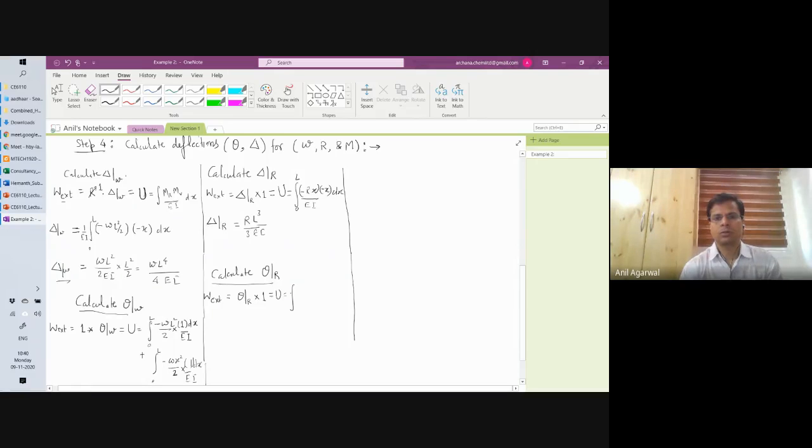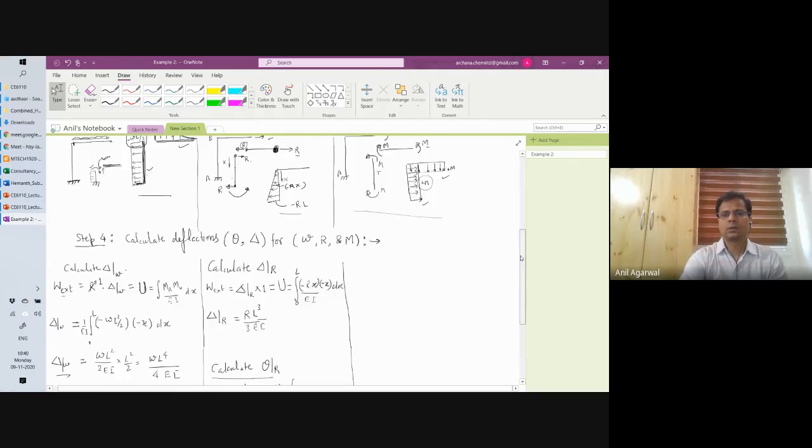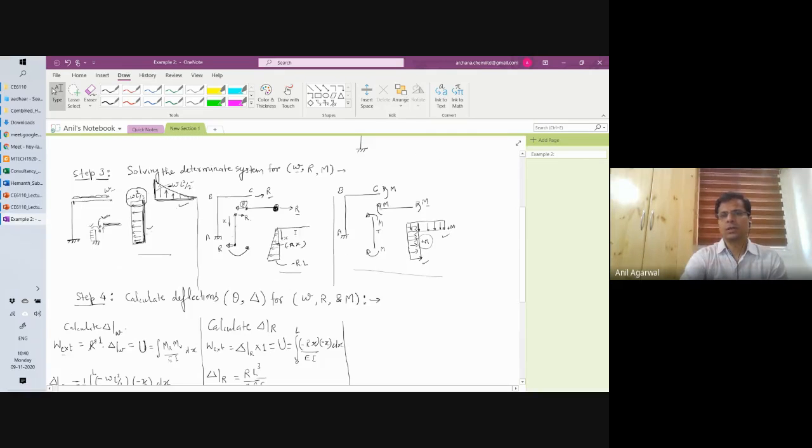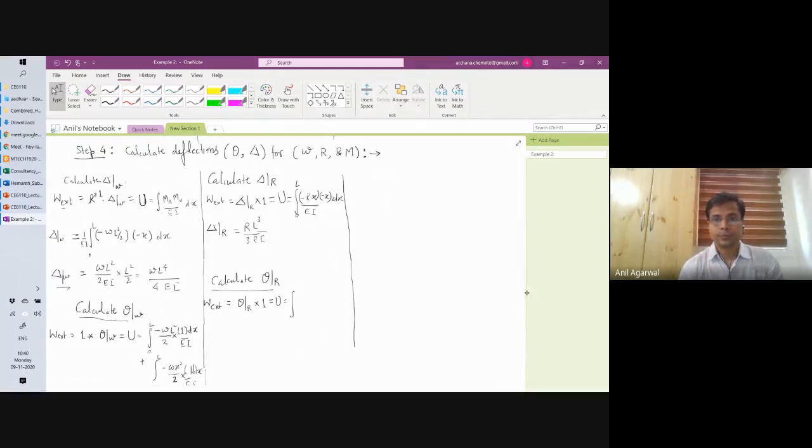That will be equal to, again, there are two members, right? Vertical and horizontal. The vertical member has a non-zero moment, but the horizontal member has 0 moment. So there won't be any integration coming out of there. I'll do only the vertical member.